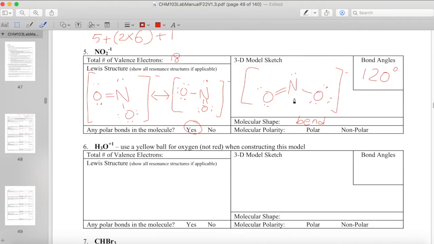All right, so next up, is this molecule polar or not? Okay, short answer, if it's got a charge, it's going to be polar. But let's look at the shape here and determine if that's going to happen. So we have our nitrogen in the middle. We have an oxygen coming off of it and an oxygen coming off of it. So far that's looking like that might be nonpolar. However, don't forget that lone pair.